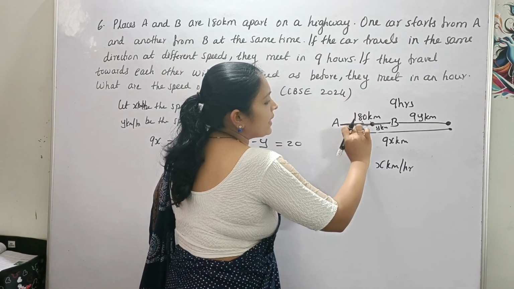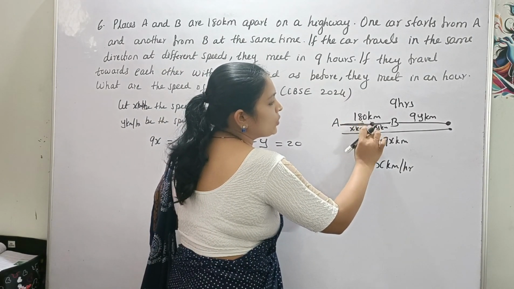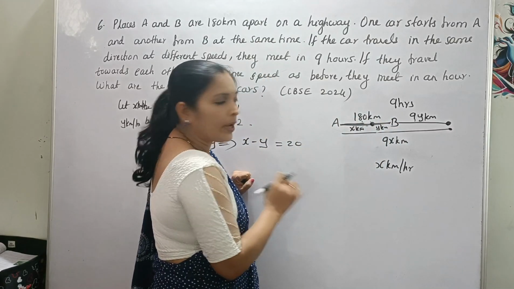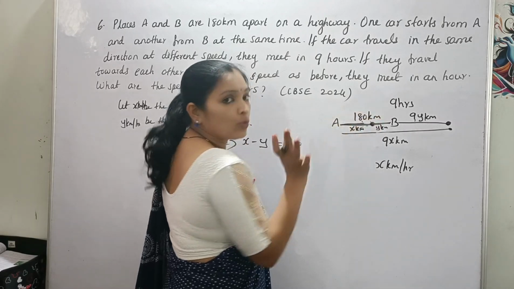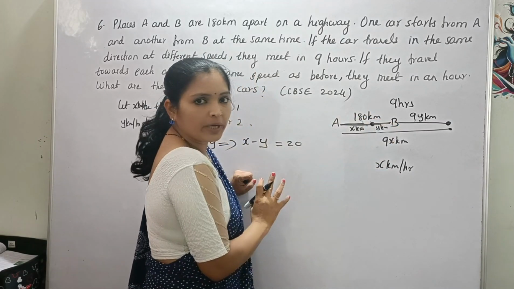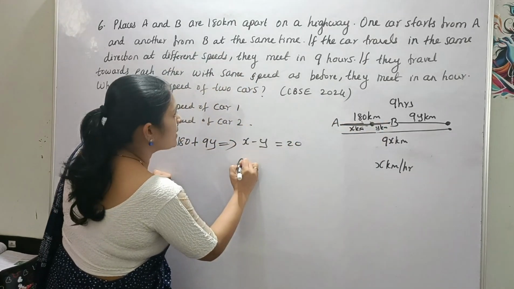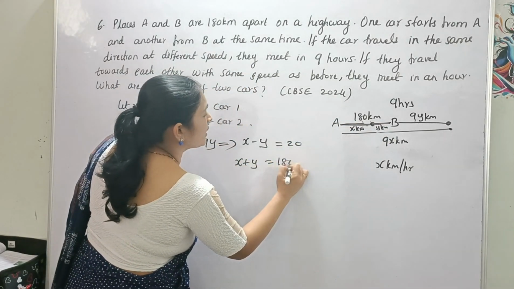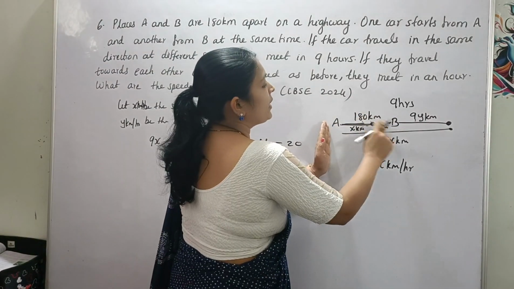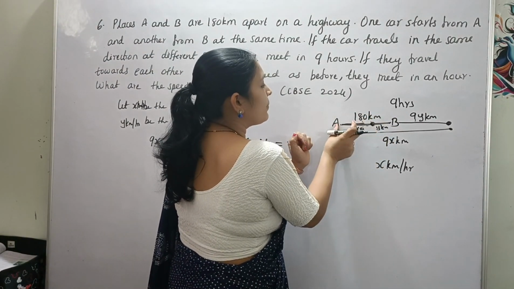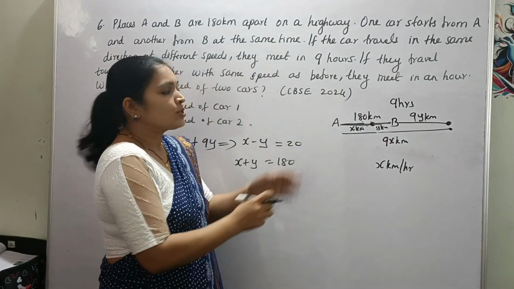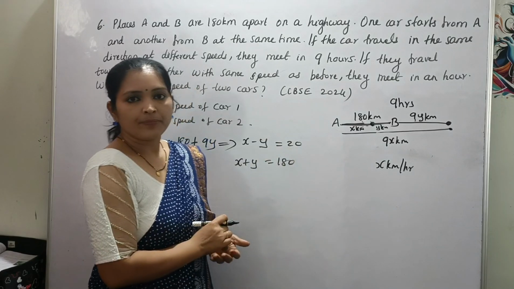That means this distance from here to this point is x kilometer, and from this place to this point is y kilometer. And here also we can make an equation. What is the total distance from A to B? 180 kilometer, right? So we can write x plus y is equal to 180.